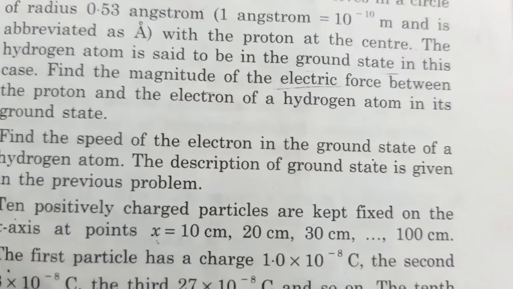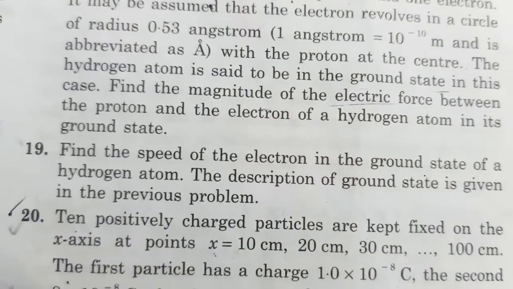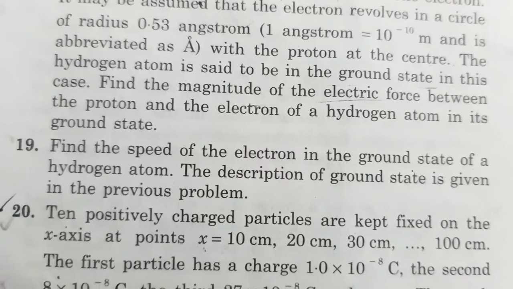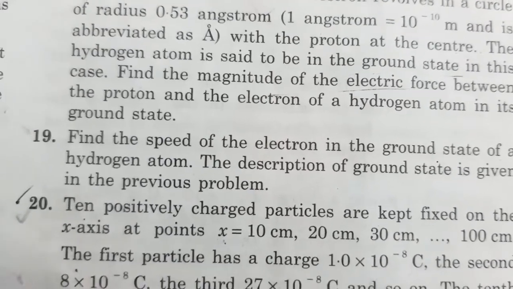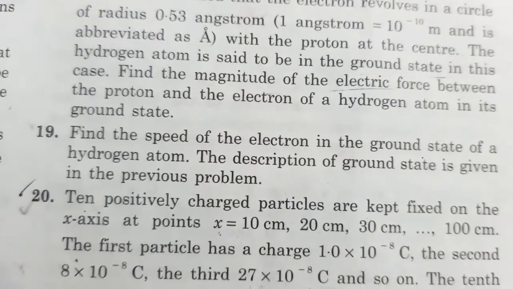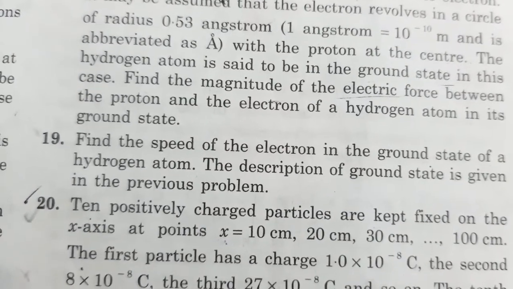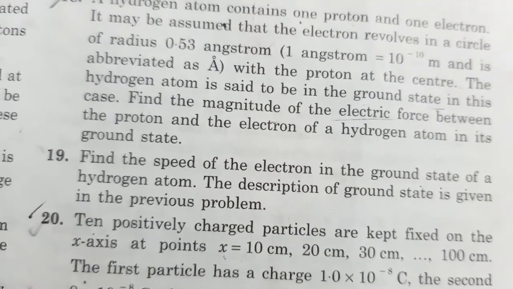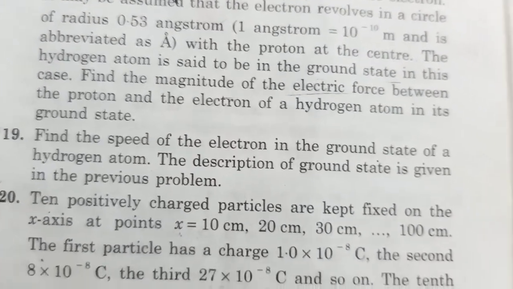The description of ground state is given in the previous problem. So what is ground state? It is not the first excited state, it is the ground state. So find the speed of the electron.